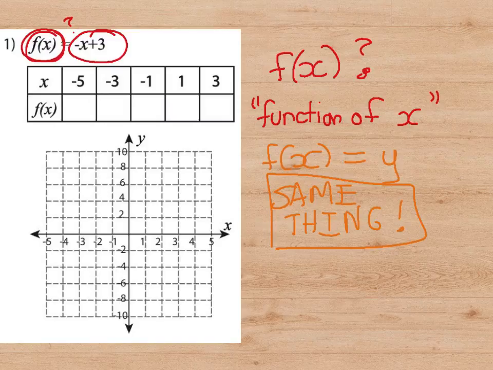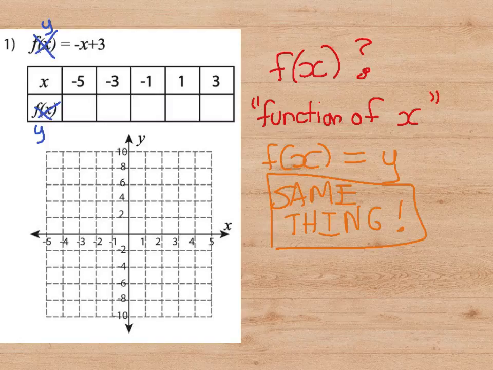Okay? So if we're clear with that, if you're not, instead what you could do is just say to yourself that this just means y. It's the same thing, okay? But we call it function of x, and we're going to get into more detail as to why this is important, okay? But for now, if you ever see f of x, just tell yourself that it just means y.